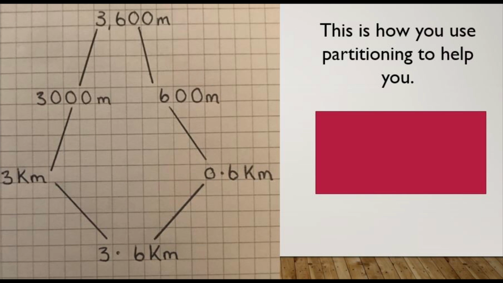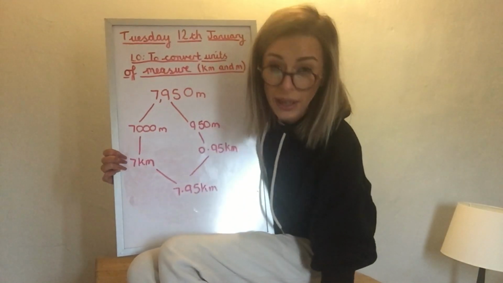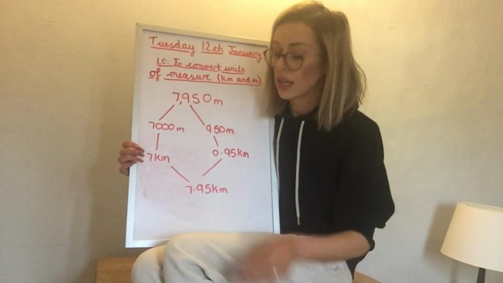So if 6,000 metres is 6 kilometres, then 600 metres is 0.6 kilometres because I have made it 10 times smaller. And then, as you can see at the bottom there, I have added my answers back together to get 3.6 kilometres.